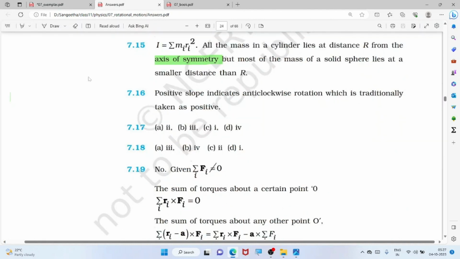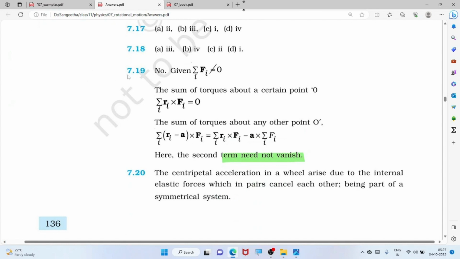Problem 7.19: given the sum of the torques about a certain point is zero, the sum about any other point need not be zero. It may not be zero; it need not vanish.